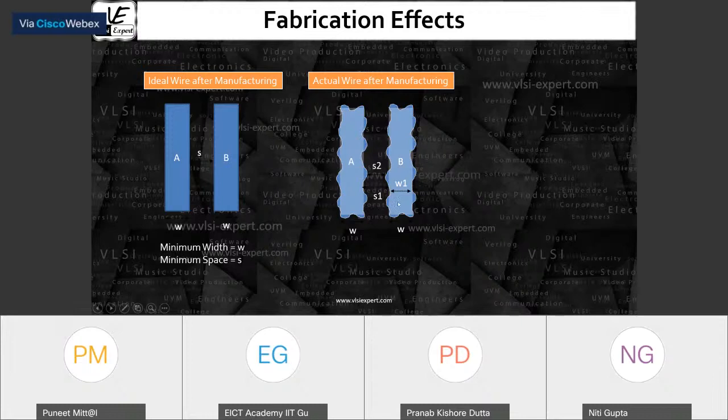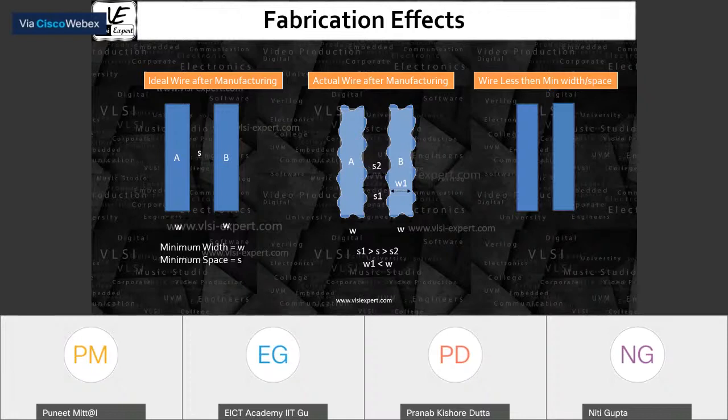Practically, this will come, and because of this practical challenge, the industry, or you can say the foundry, came up and said, okay, we should have certain rules so that there should not be any problem. What problem am I talking about? Let us suppose you have your wire less than the minimum width or less than the minimum spacing, then there are chances after fabrication they become like this.